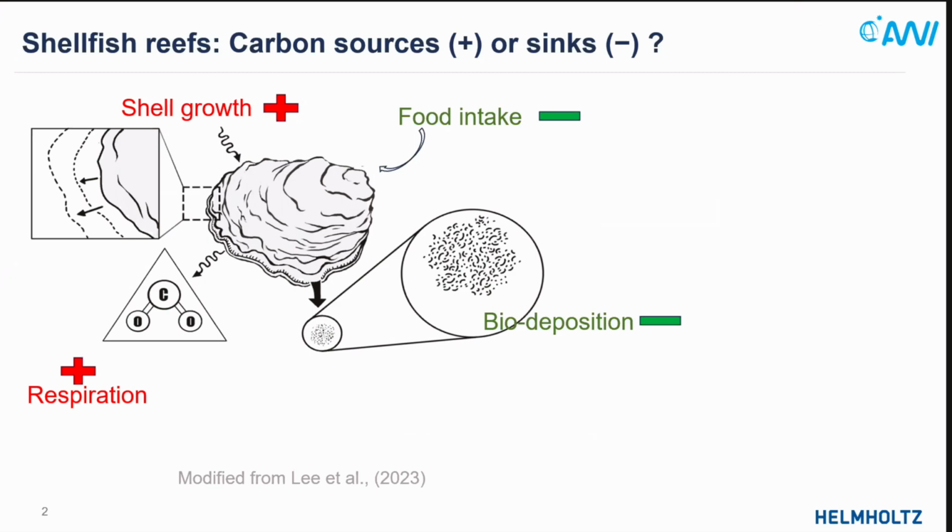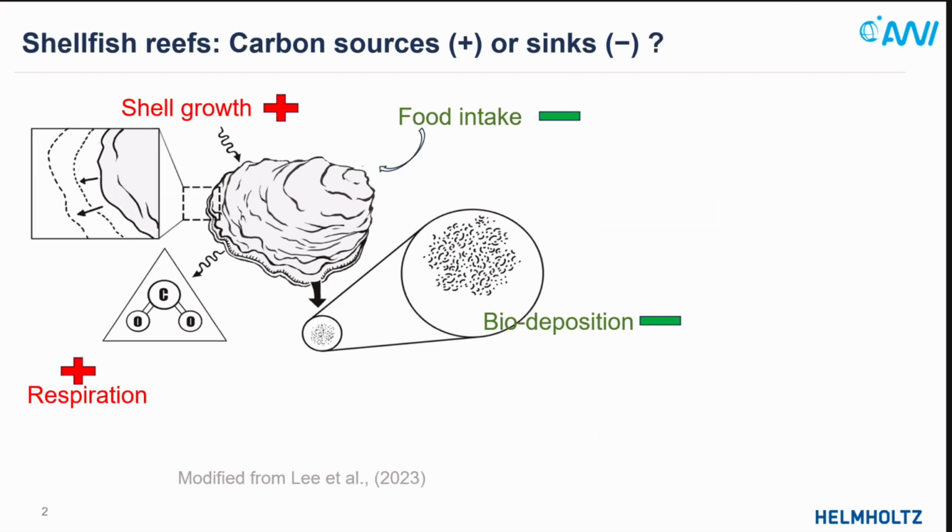Reefs affect carbon via opposing pathways. Through filtration or biodeposition, they add organic carbon to the seabed, whereas microbes degrade or remineralize it. Calcification builds carbonate in shells, but respiration generates carbon dioxide.